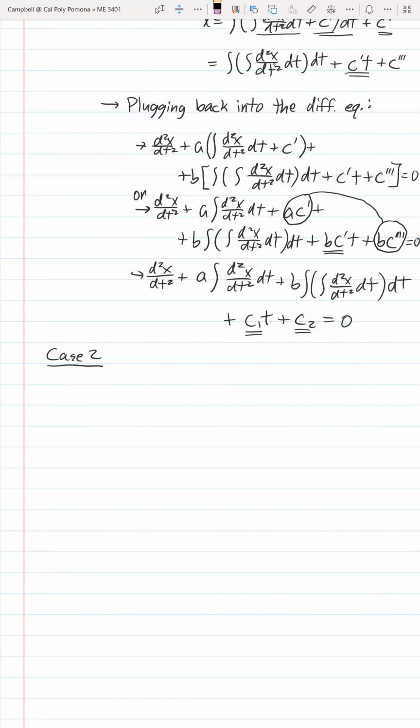So we've now looked at case one, where we have distinct real roots. And we saw that when we found the homogeneous solutions, we ended up with the most general solution by forming a linear combination of those homogeneous solutions.